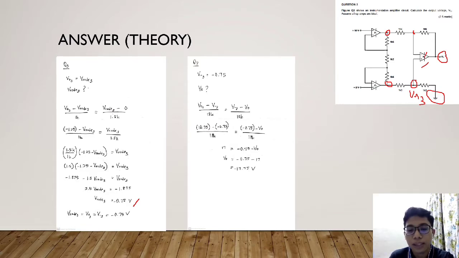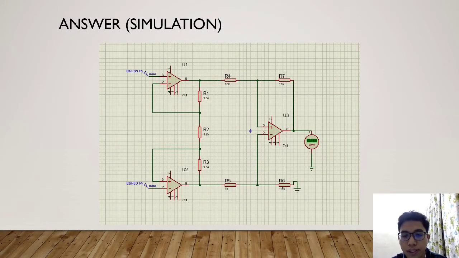After substituting the values of V output 1 and V minus 3, we get the value of V output as negative 17.75. Alright, so this is the answer for the calculation.